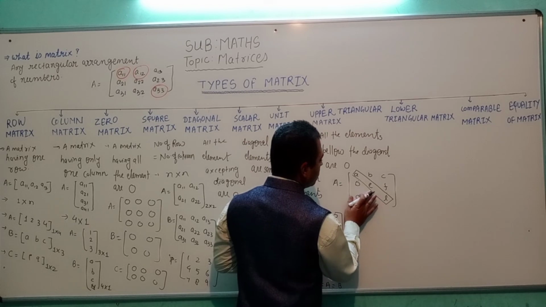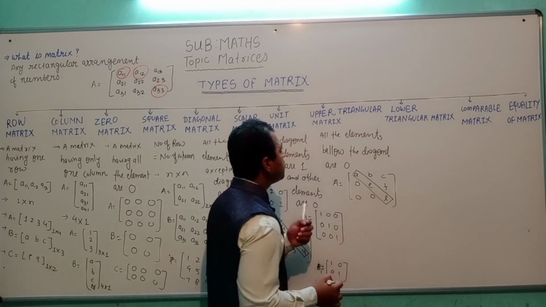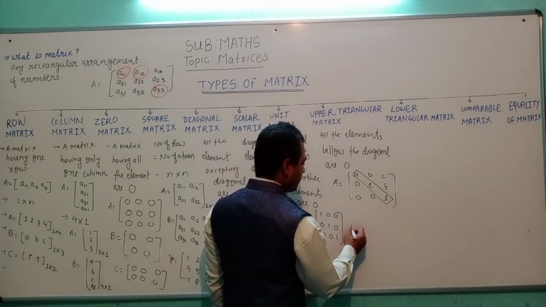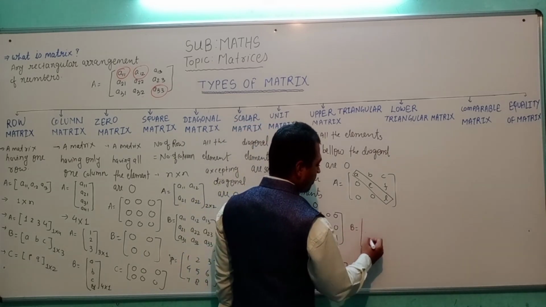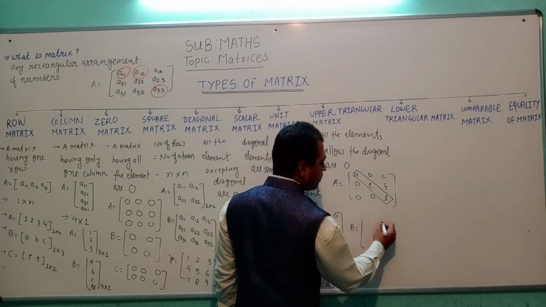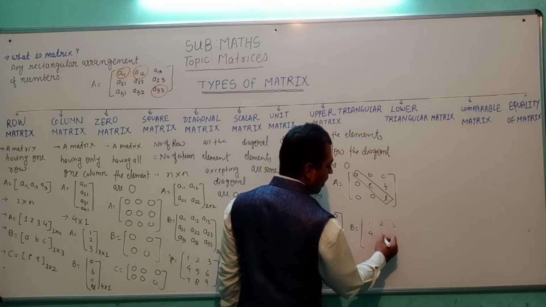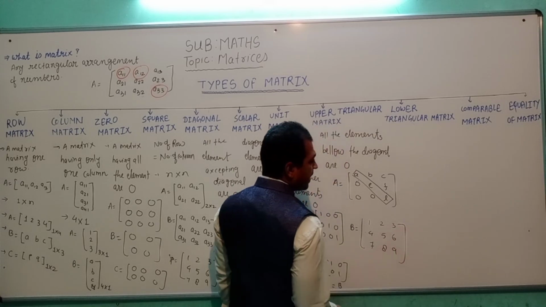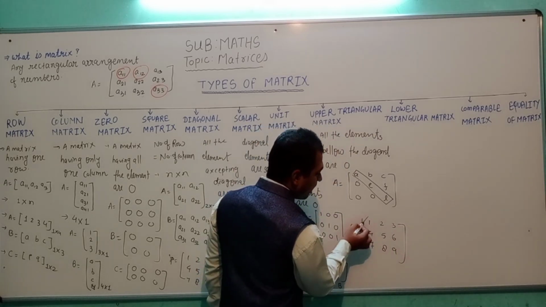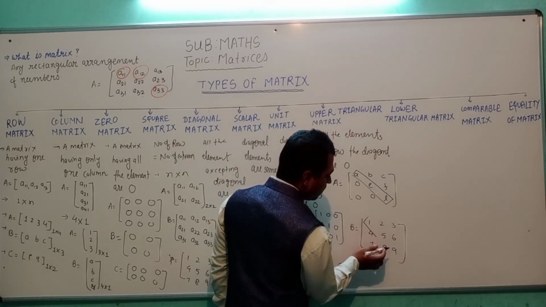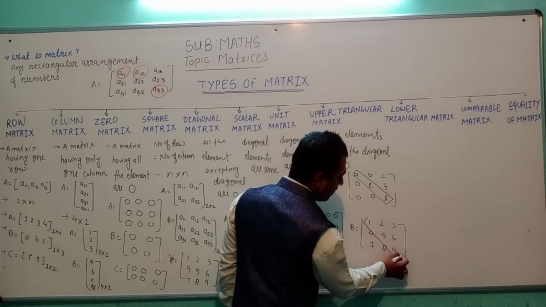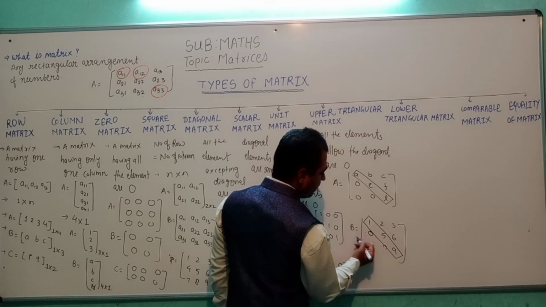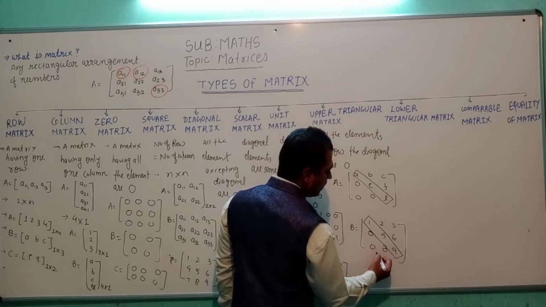So this is an upper triangular matrix. Let us see another example. B: suppose elements are 1, 2, 3, 4, 5, 6, 7, 8, 9. But as per the definition, the elements below the diagonal will be 0. So these elements will be 0 and 0.